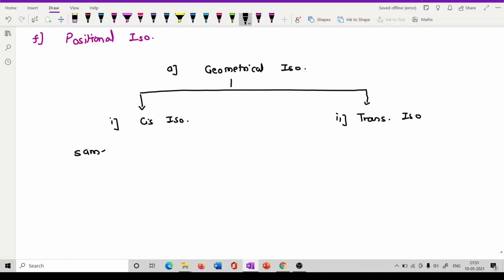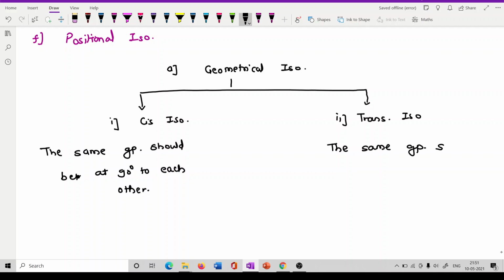The condition for cis isomerism is that the same groups should be at 90 degrees to each other, whereas in trans isomerism, the same groups should be at 180 degrees to each other.